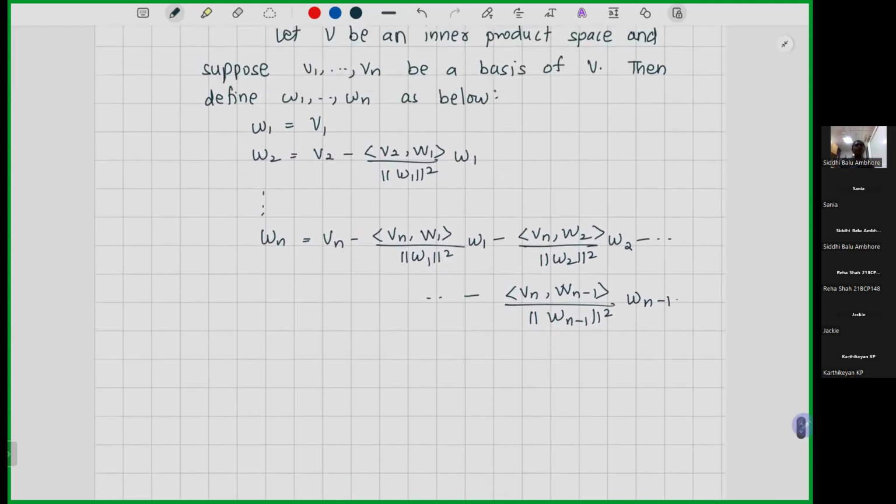So we get W1 to Wn, and these Wi's are orthogonal to each other. Orthogonal means that when we take the inner product of Wi with Wj, where i is not equal to j, it will be 0, and the inner product of Wi with itself is non-zero.